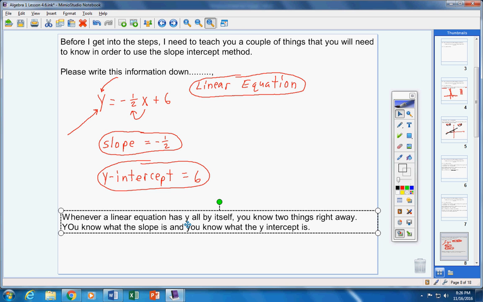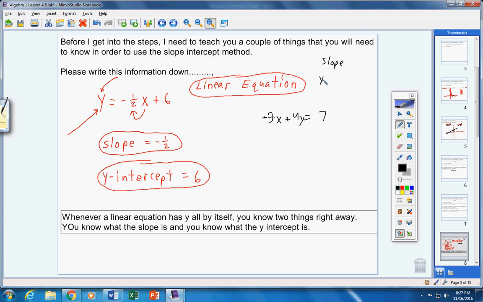So with that in mind, if I gave you an equation like this, now watch this. Write this down, please. -3x plus 4y equals 7. If I said, hey, what's the slope?